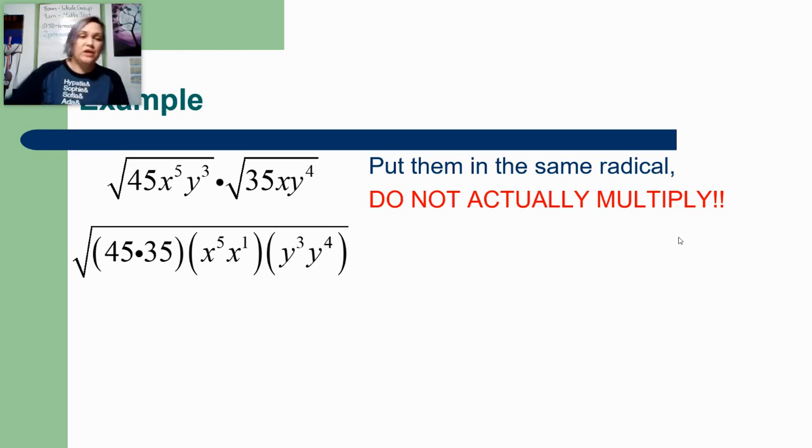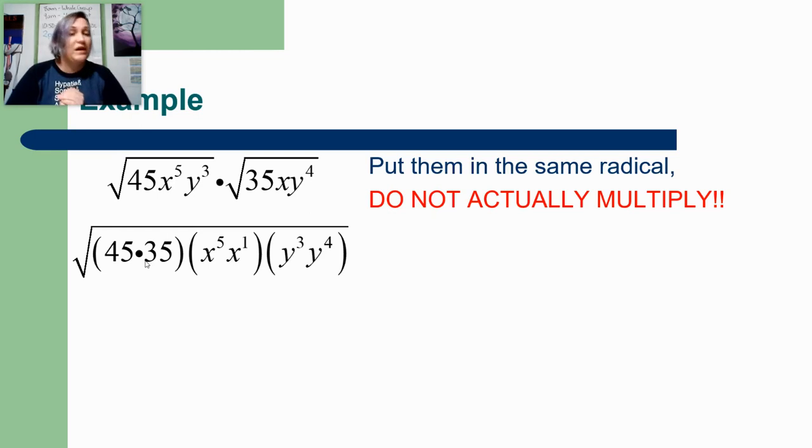For your numbers, again, your first step is to factor tree. So you're going to factor tree the 45 down to its prime numbers. You'll factor tree the 35 down to its prime numbers. And since they're all under the radical, you can just put them all in one long list. For your variables, it would be okay to combine those together into a single variable.